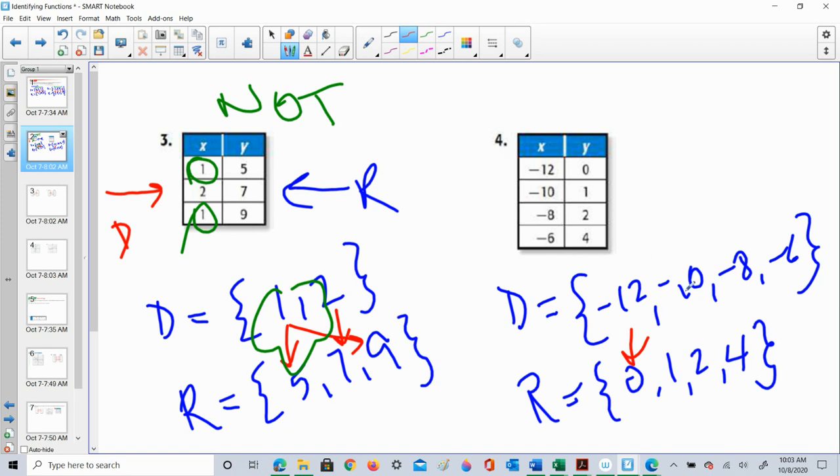And then -10 goes to 1, -8 goes to 2, and -6 goes to 4. So if we have that, then we know we have a function. So yes, this is a function. Well, writing's a little better like this. I got to get used to this little pen thing I got.